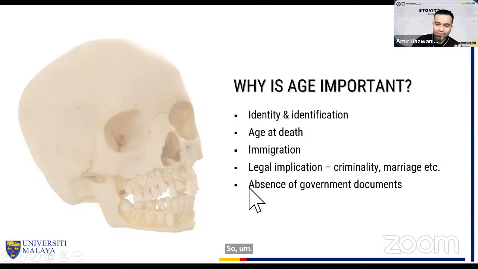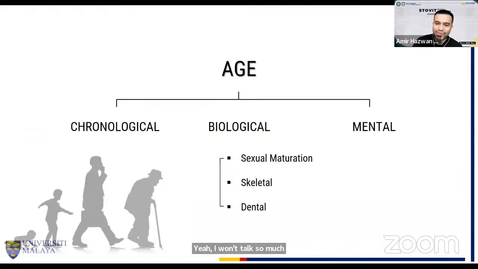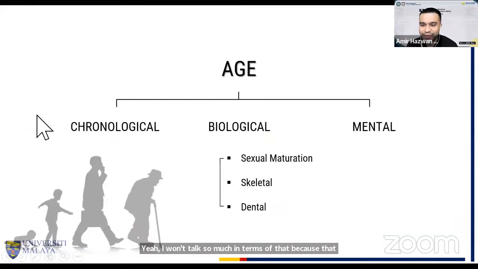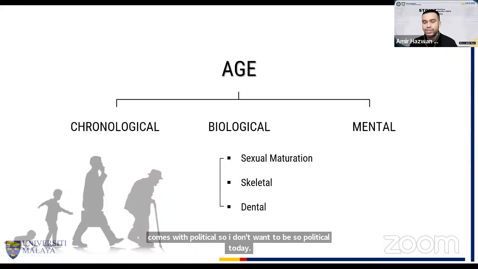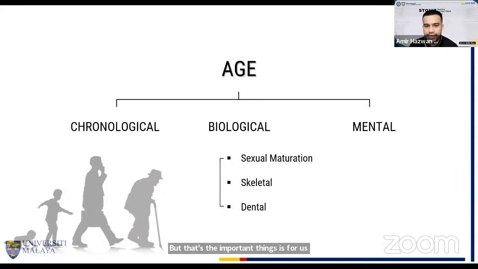Yeah, I won't talk so much about that, because it becomes political. I don't want to be so political today. But the important thing is for us to identify the reasons why we perform age estimation, the differences between people who've reached the age of majority, minority, implications, and things like that.